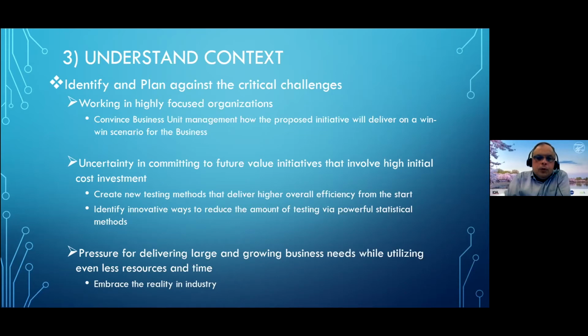The first one is working in highly focused organizations. If you work in an industry, you probably know this, that there is always the balance between winning now and delivering now, and also making sure we're going to win tomorrow as well. And usually in that kind of balance, it's biased naturally towards winning today.